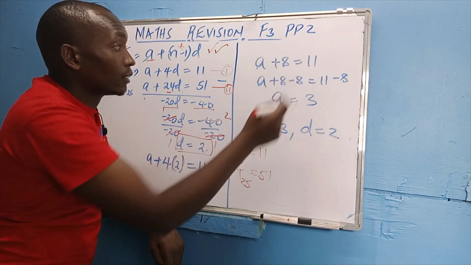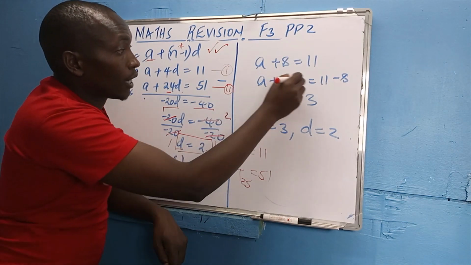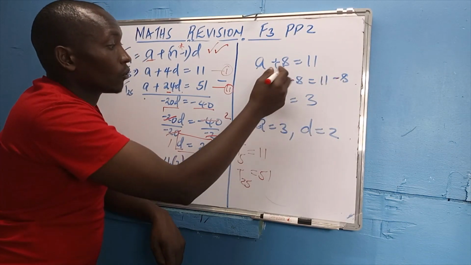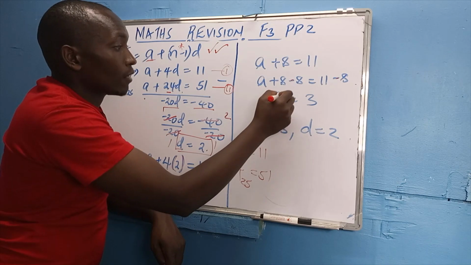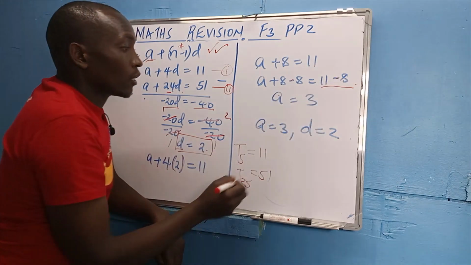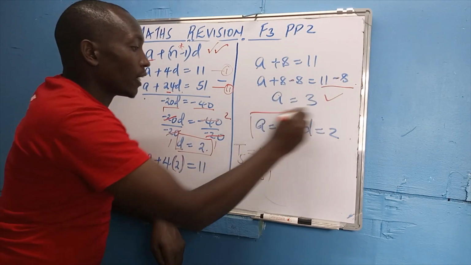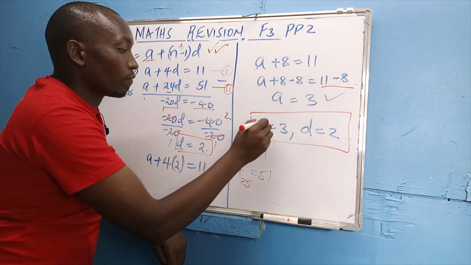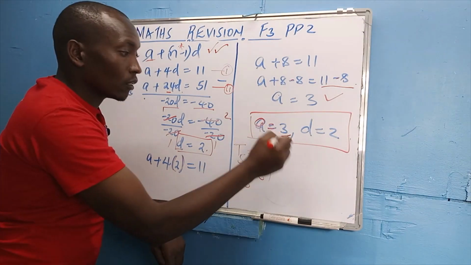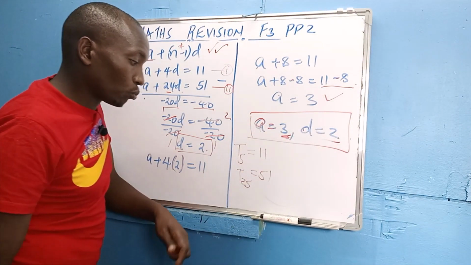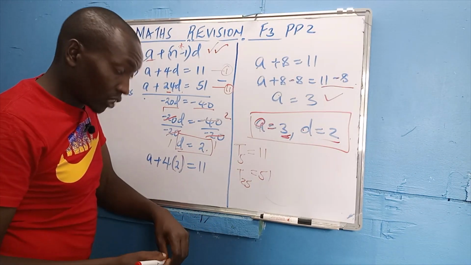So a plus 8 equals 11. So subtract 8 on both sides. So finally you'll have a equals 3. So with that, I have worked out the first term is 3, the common difference is 2. That is question number 2.